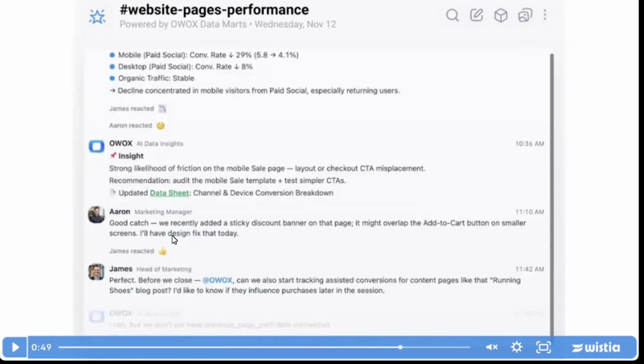Again, bringing the context, bringing the data, joining them together, and only then can we provide a good action.